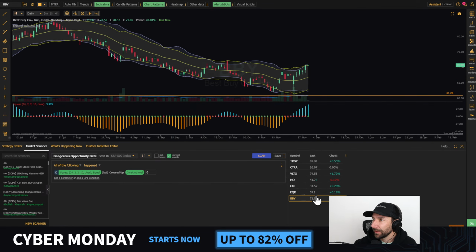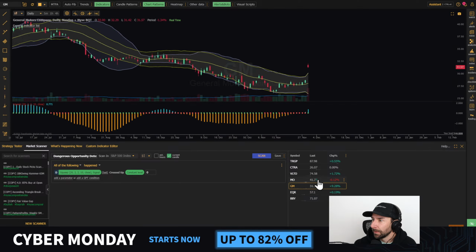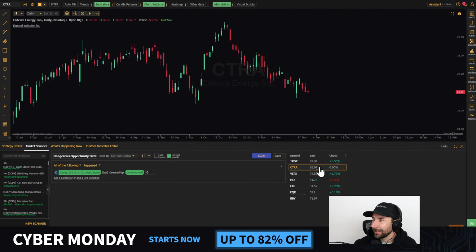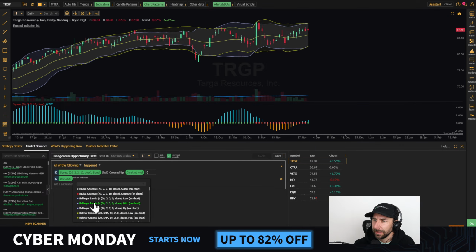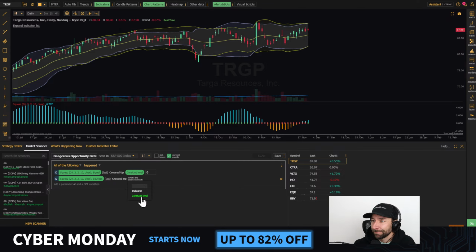Because all of these are going from red to green. So that is your squeeze to not squeeze. And then let's say indicator daily squeeze. Let's see, squeeze crossed up on a constant level of 0.